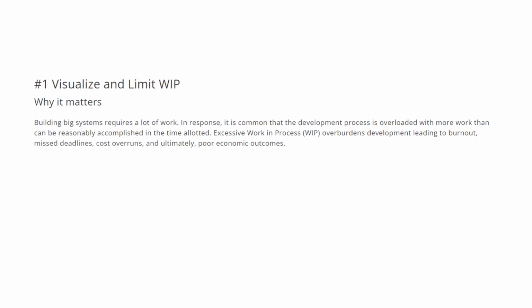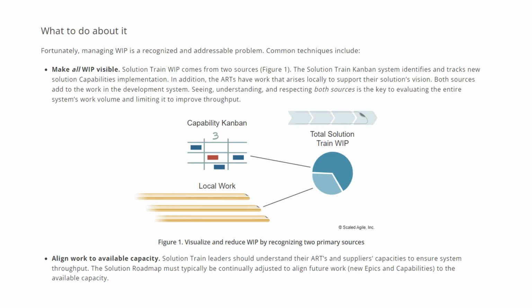In response, it is common that the development process is overloaded with more work than can be reasonably accomplished in the time allotted. Excessive work in progress overburdens development, leading to burnout, missed deadlines, cost overruns, and ultimately poor economic outcomes. So, what are we going to do about it?